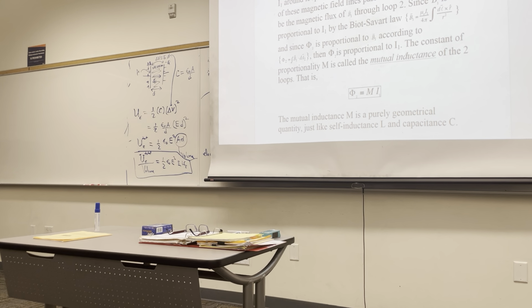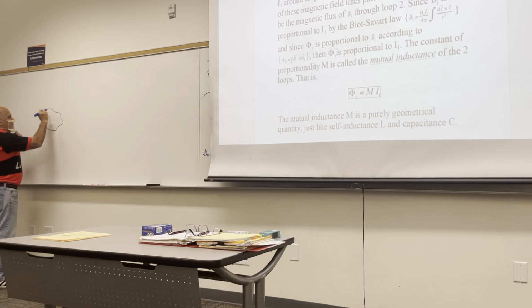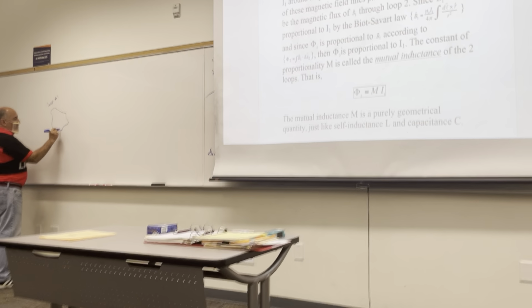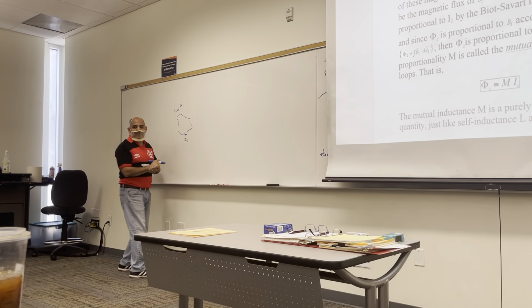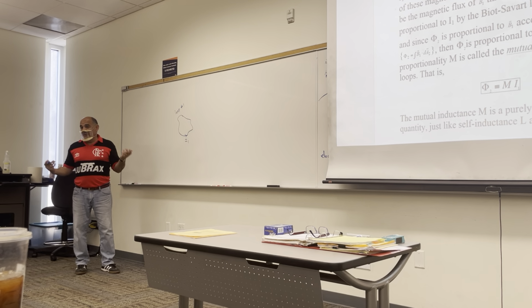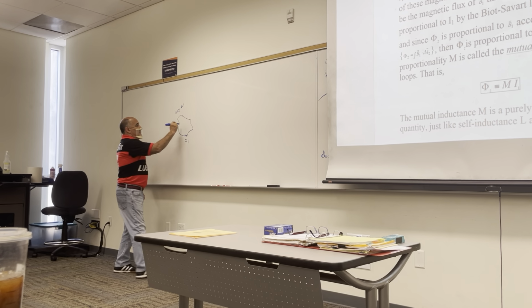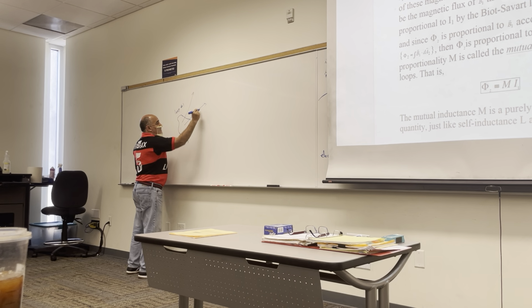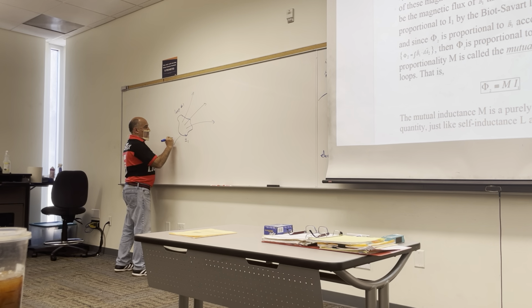So, what if you have a loop over here? Let's say this is loop number 1, with current I1. The current in that loop is going to generate a magnetic field.